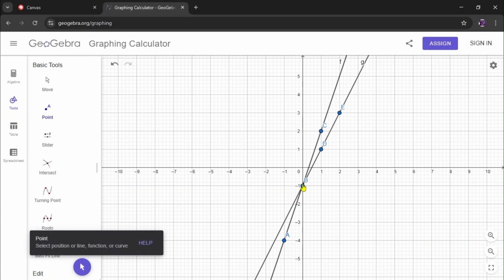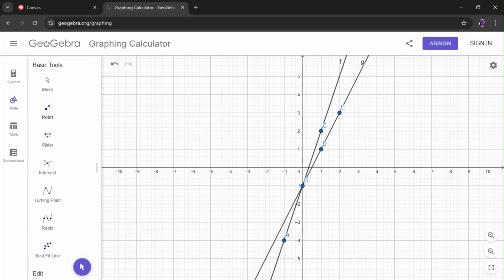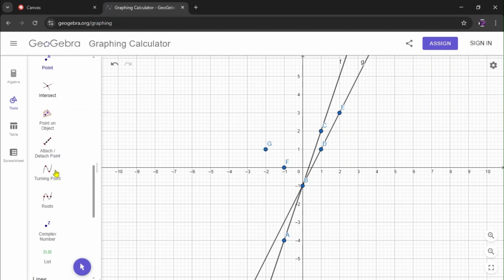The second one, negative 1, 0. So you have it like that, negative 1, 0. Then the next is negative 2, 1, so it's passing through that. Then I pick a ruler and join the 3 points.